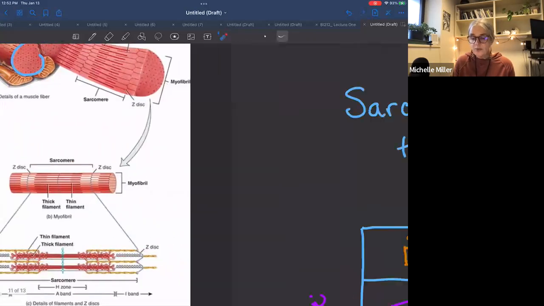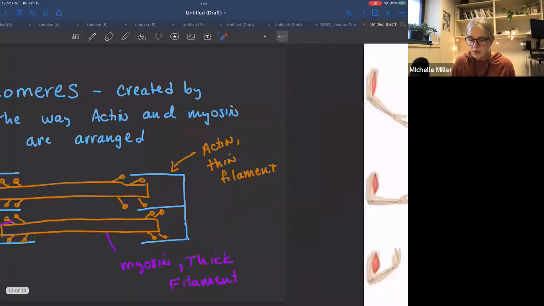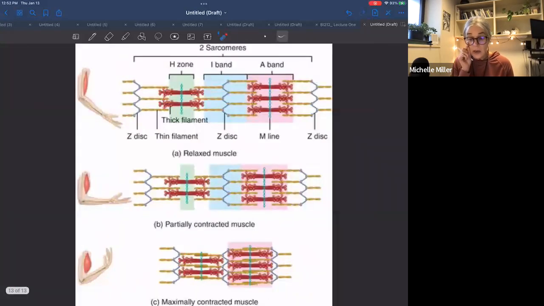Now there's an enlargement of this figure also that shows this. Again, when the muscle contracts, it causes the sarcomere to shorten and the whole muscle to contract. This actually shows two sarcomeres right here.